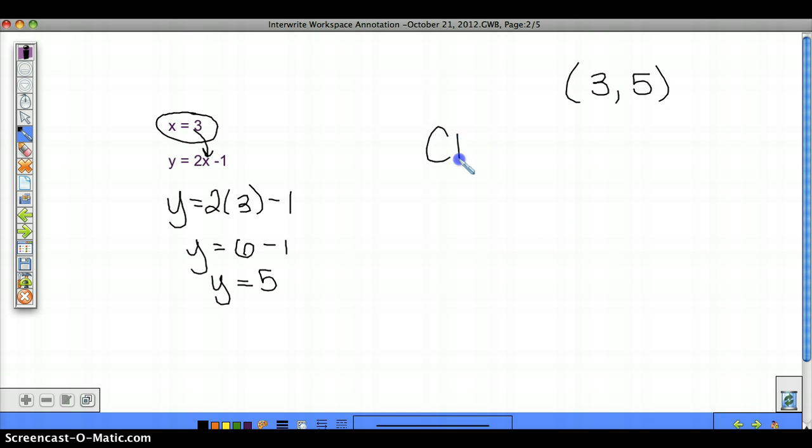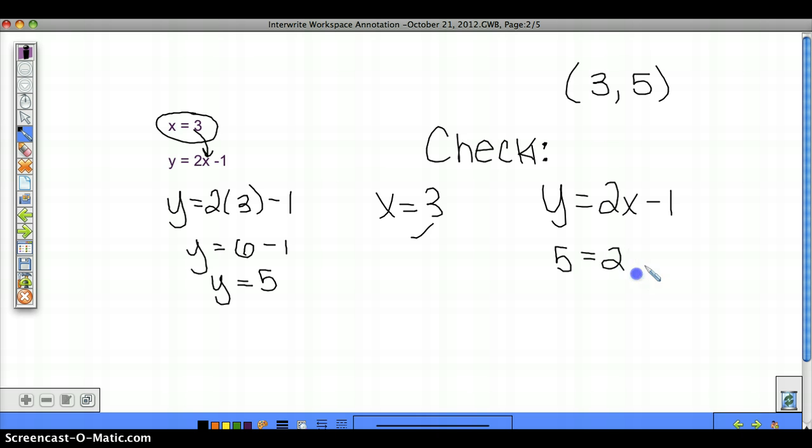Now you can check every single time on these equations. Here we get x equals 3, x is 3, so that one works. For y equals 2x minus 1, we have 5 equals 2 times 3 minus 1. So 5 equals 5. So that one works as well.